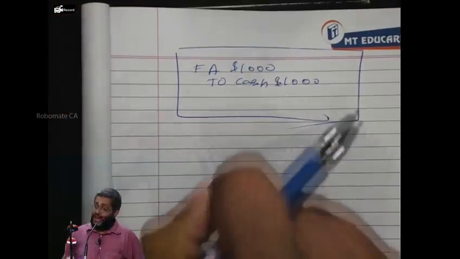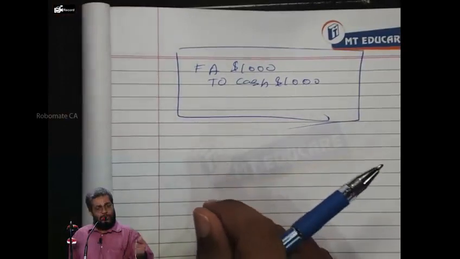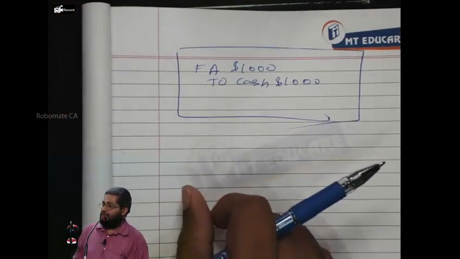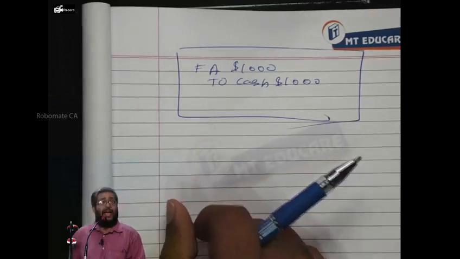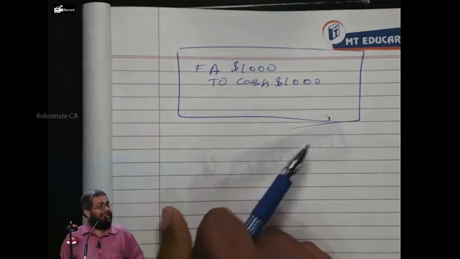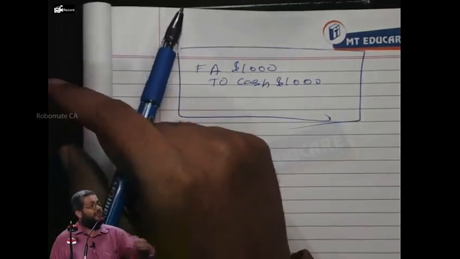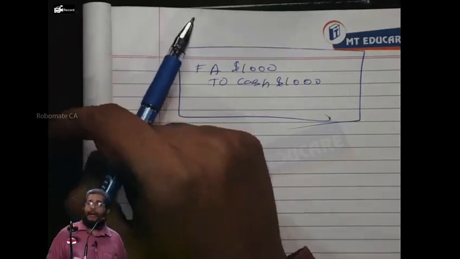That is not what I am doing here. Okay. Now, in this case, I said $1,000 cash became $1,000 fixed asset. I don't say the fixed asset value is $1,000 because I invested $1,000. I say it is $1,000 because here I assume that the present value of the future cash flow is $1,000. Are you following?